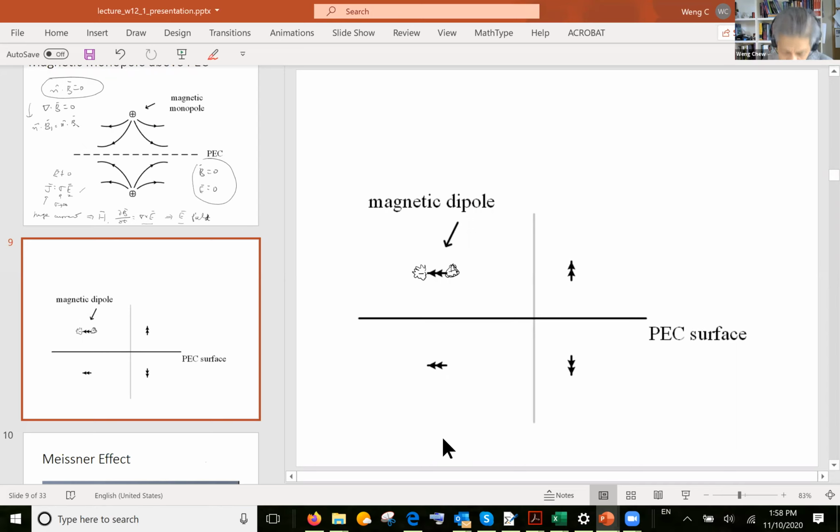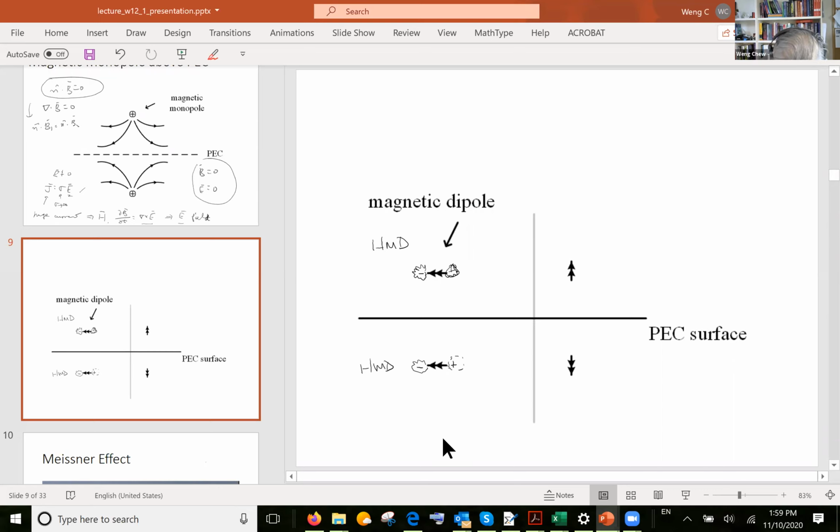Then the image of it would be the same, because the PEC reflects magnetic charges of the same polarity. So the image of a horizontal magnetic dipole, sometimes called HMD, will be a horizontal magnetic dipole of the same sign.